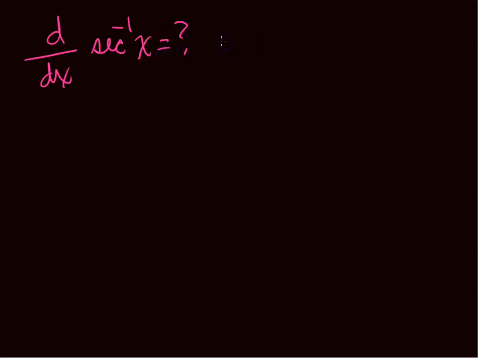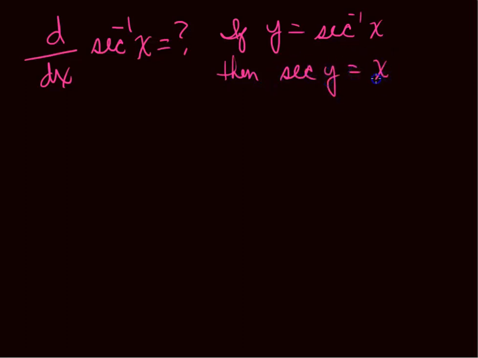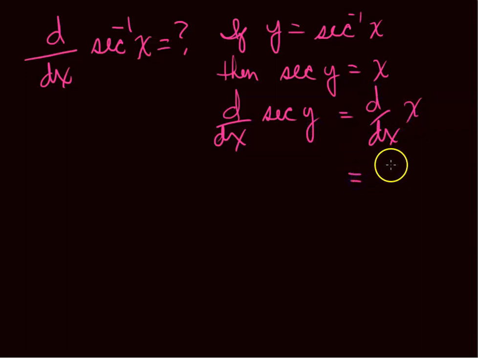So, how do you take care of this? Well, first of all, if y is equal to secant inverse of x, then if we rewrite this, we can say that the secant of y is equal to x, right? And then, if we take the derivative with respect to x of both sides, on the right side we get 1.